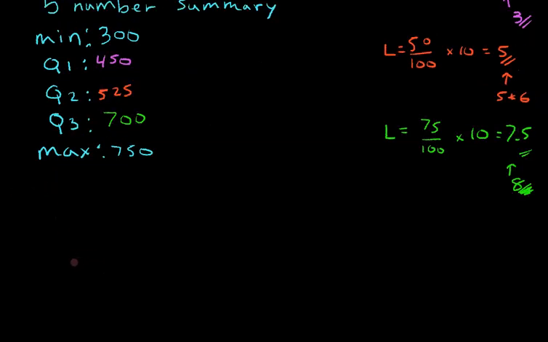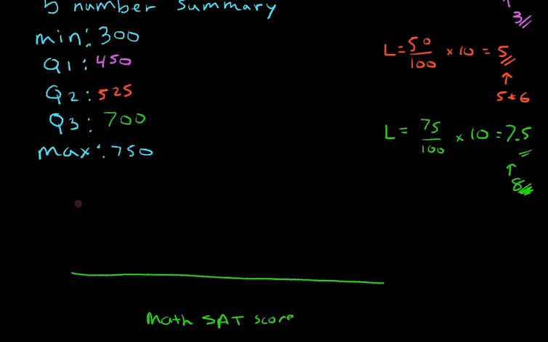To draw a box plot, the first thing you should draw is the x-axis. You should label what this axis is. In our case, it's going to be the math SAT scores. Then number the axis in a nice way. We can start with 300, and we can count in 100s.